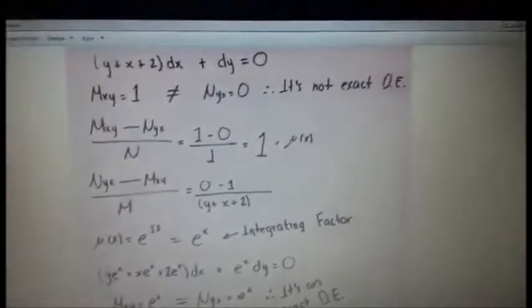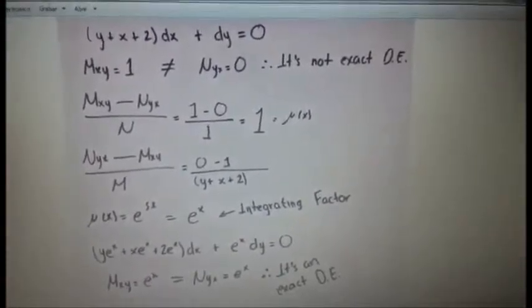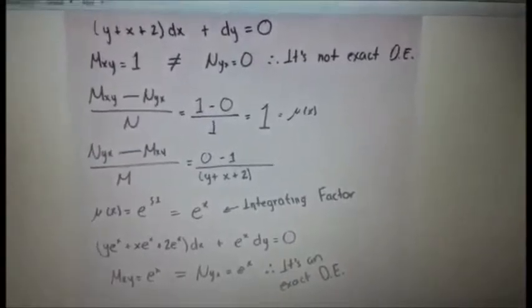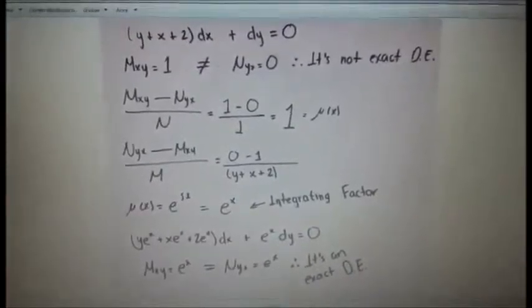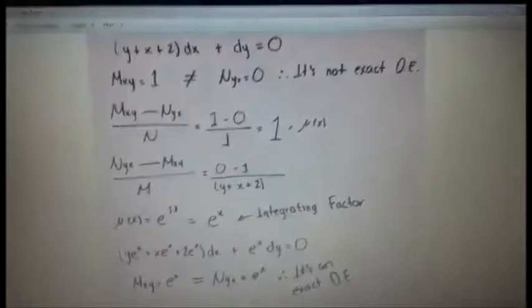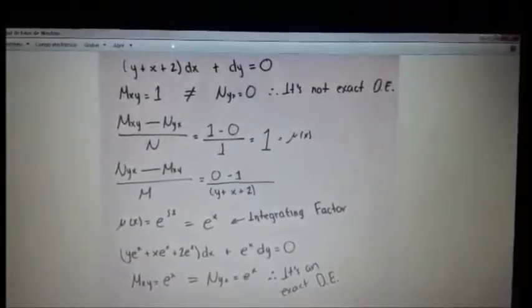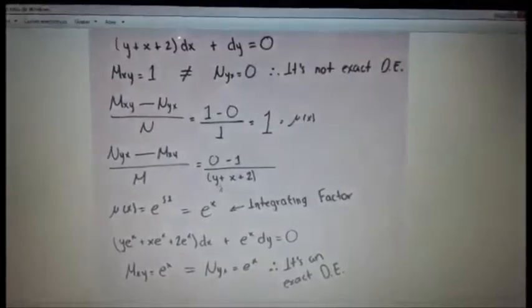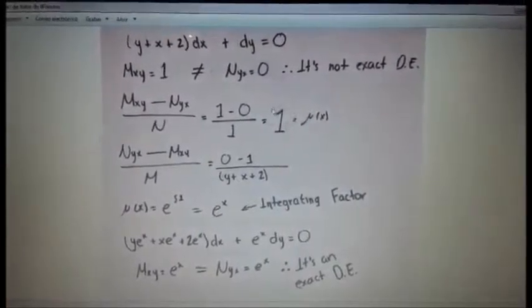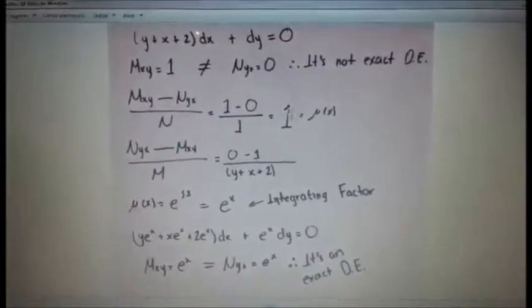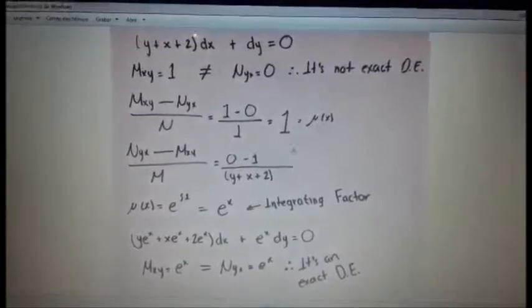So we try to find an equation that involves only one term. We can see that in the second equation we have terms in x and y, but in the first one we only have one term, so it becomes our mu of x.